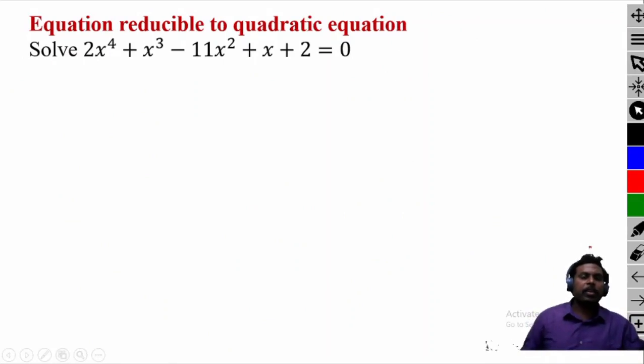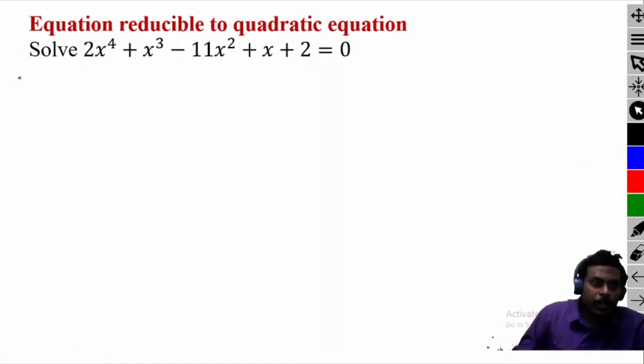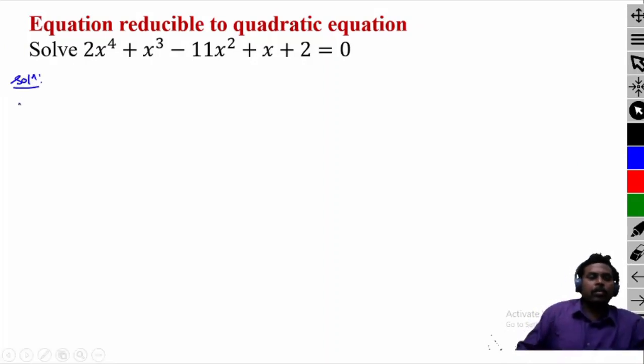Okay. Let us solve the next equation, which can be reducible to a quadratic equation similar to that of the previous two problems. Now let us solve this equation. Now all types of equation cannot be done here.